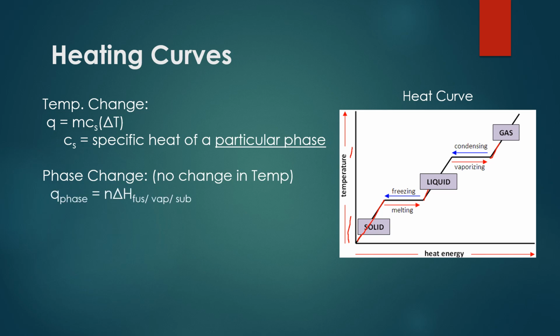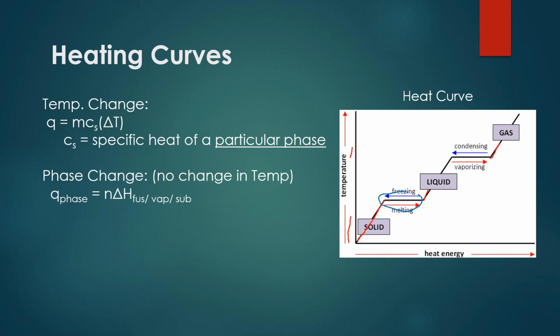Now for the phase change steps, so I'm talking about when there's no change in temperature, I'm going to highlight those in blue here. These are where we have the plateaus. In between the liquid and solid slanted lines, we have this plateau here that I'm circling.